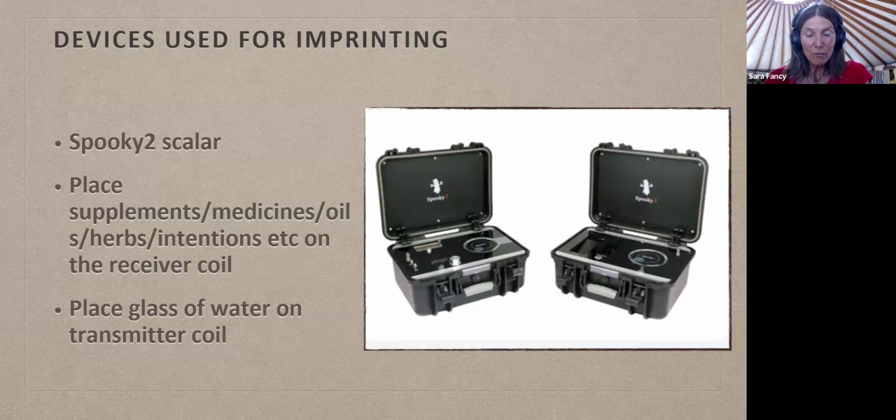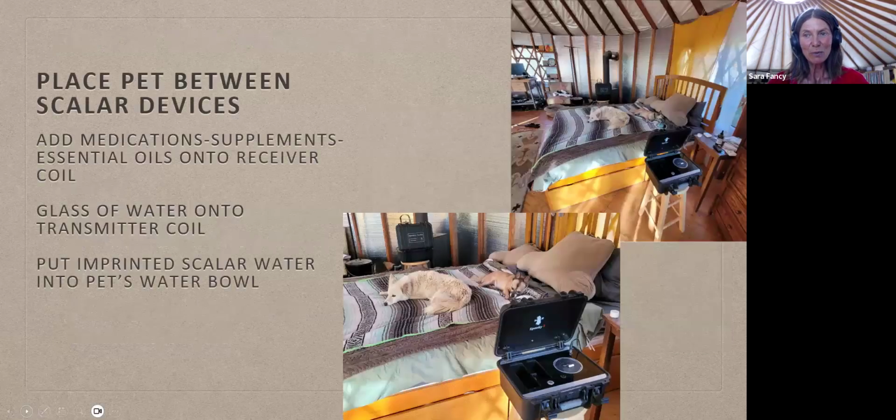And then on the transmitter box, which is here on the left, you put a glass of water, and that will then absorb all the frequencies that you're putting into the scaler, okay? I mean all the things like the supplements, medicines, oils, herbs, etc., whatever you want to put into the water. That's how it works with the scaler. Pretty simple. And then obviously you drink the water the next day, and then you're absorbing it.